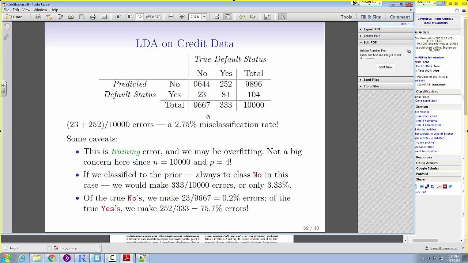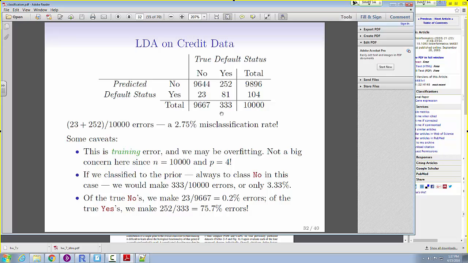But just a thought experiment, suppose in this particular case we said no, you do not have cancer to every single person, regardless of their input variables. My error rate would just be 333 divided by 10,000. It'd be pretty low. A little bit bigger than this, but still pretty low.